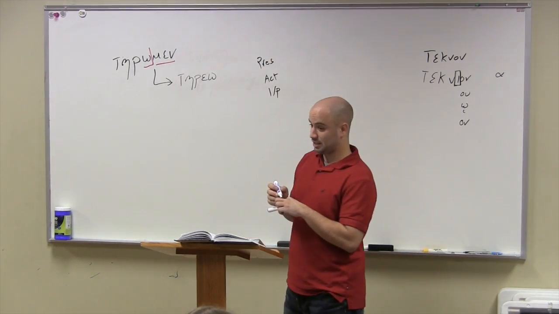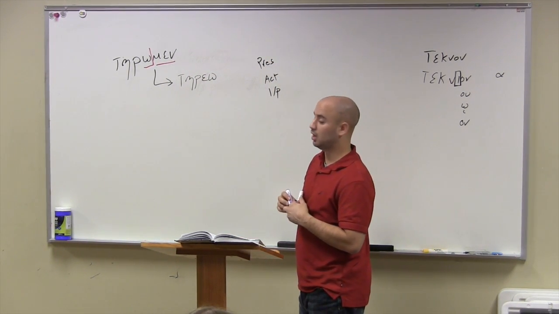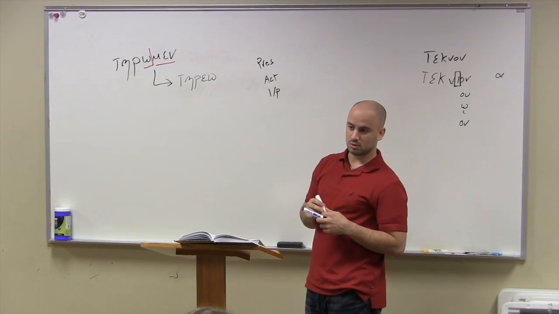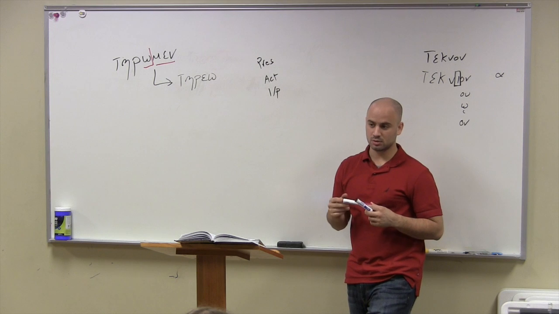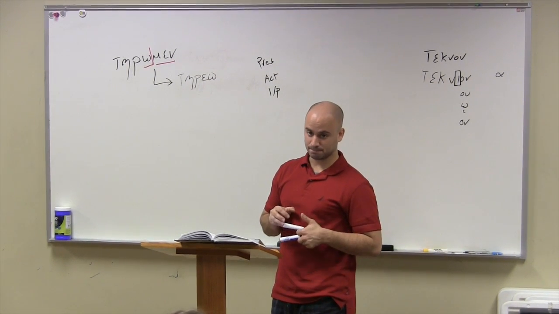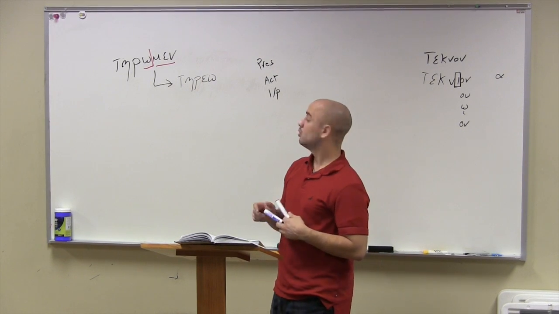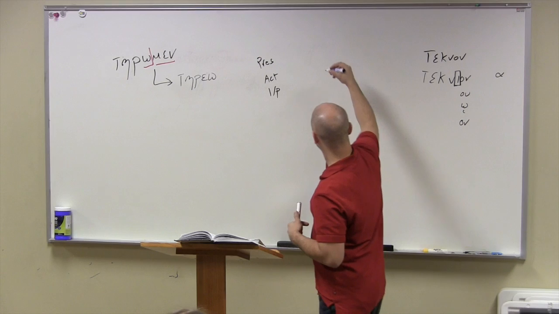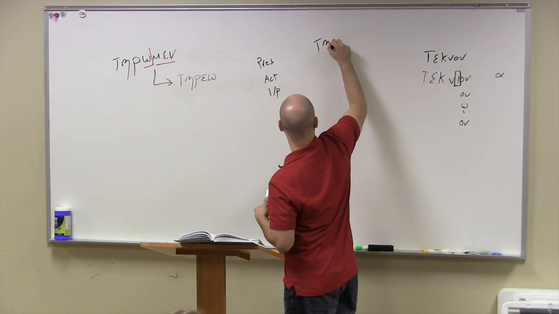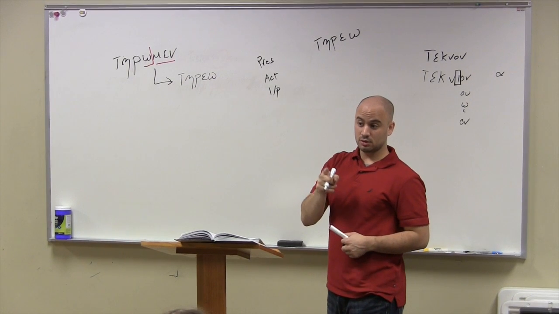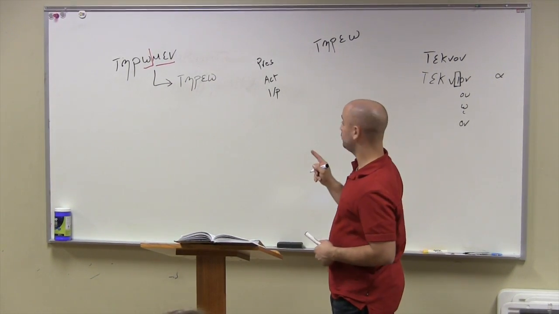And it's not an indicative. What other option might fit? You have an omega instead of an omicron, so it could be subjunctive or it could be the contraction. If it were a contraction, though, we have tēreō, and we've got the present and the active. Those are things that we know.